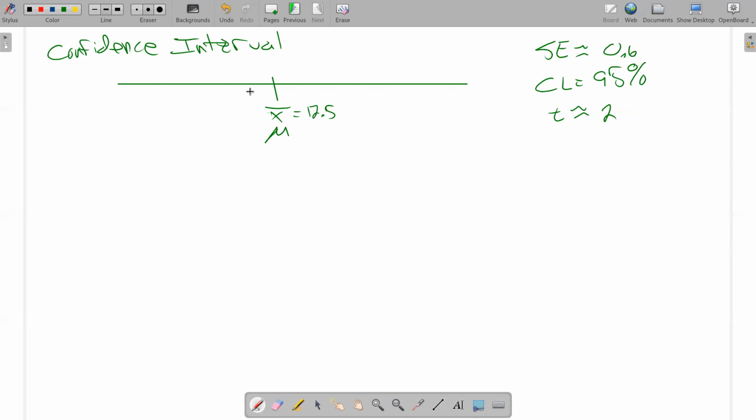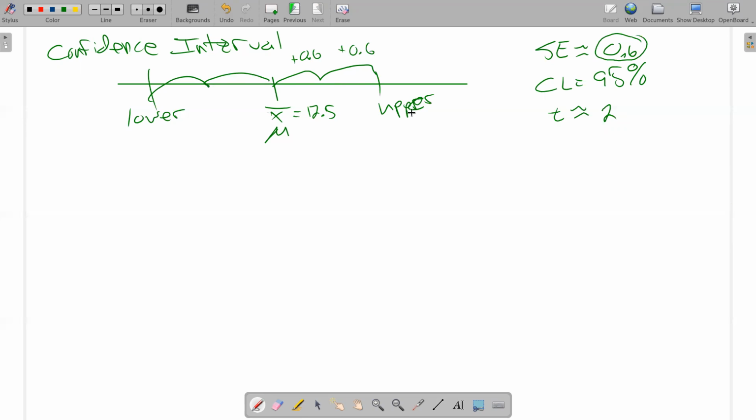So what that means is for a 95% confidence interval, I want to go 1, 2 standard deviations to the right to get my upper value. And I want to go 1, 2 standard deviations, sorry, that's messy, to the left to get the lower one. So if I'm at 12.5, this is a standard deviation. So I'd go add 0.6 and then add 0.6 again.